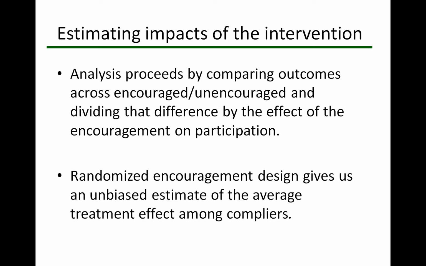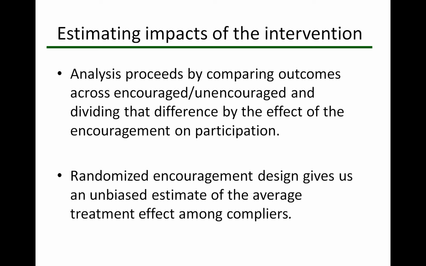With this approach, we can't with certainty get an unbiased estimate of the effect of this program on all participating households. We can confidently get an unbiased effect of this program on the households who we were able to encourage into the program with our encouragement intervention, but who otherwise wouldn't have been participating. In our particular case, this is really a useful design because participation levels are quite low in the baseline unencouraged state.